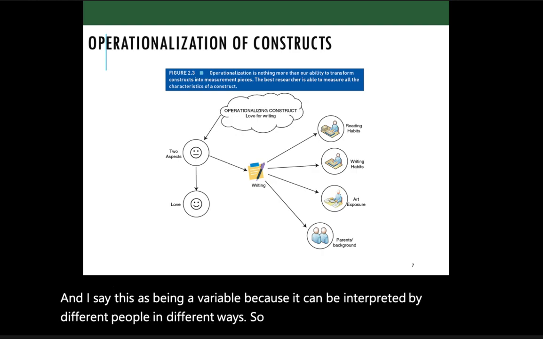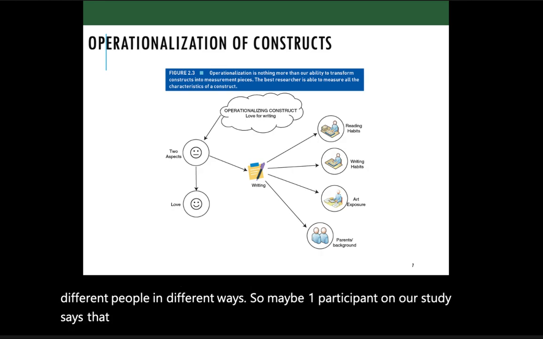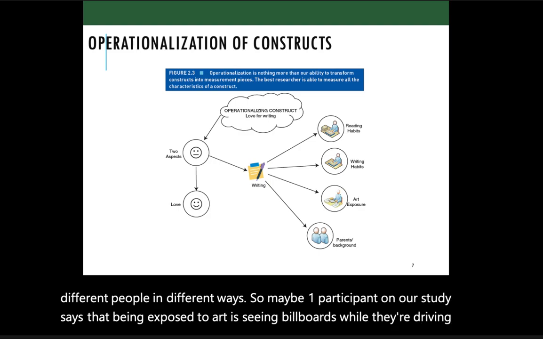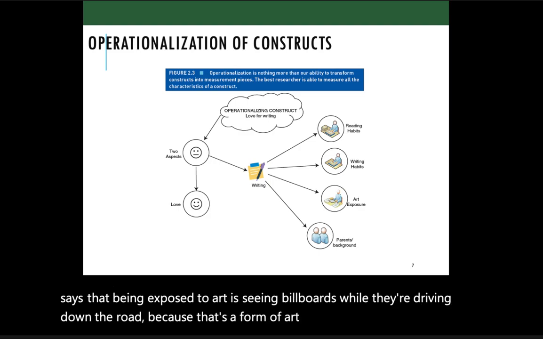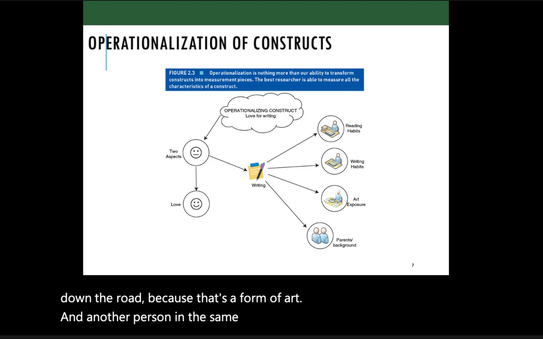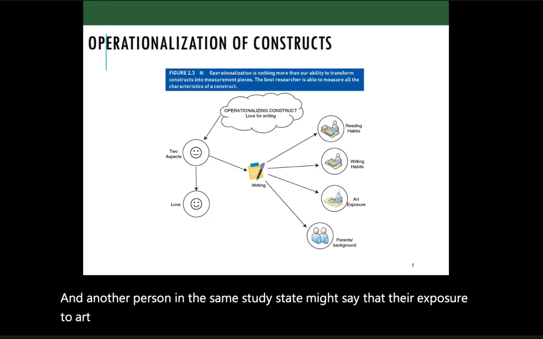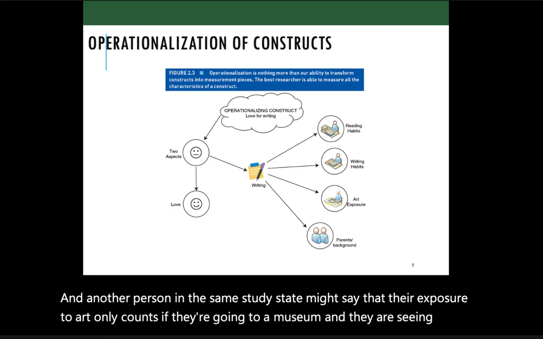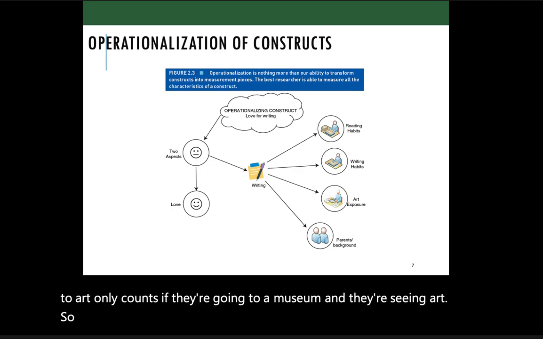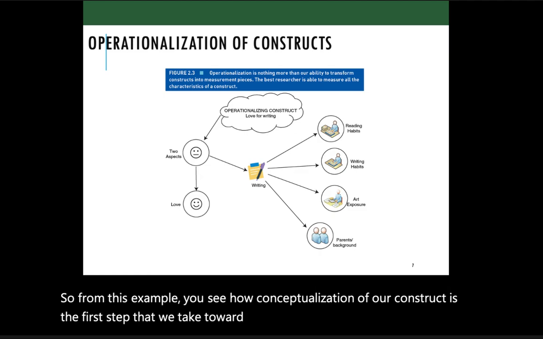So maybe one participant in our study says that being exposed to art is seeing billboards while they're driving down the road because that's a form of art. And another person in the same study might say that their exposure to art only counts if they're going to a museum and they're seeing art. So from this example, you see how conceptualization of our construct is the first step that we take toward operationalizing them.